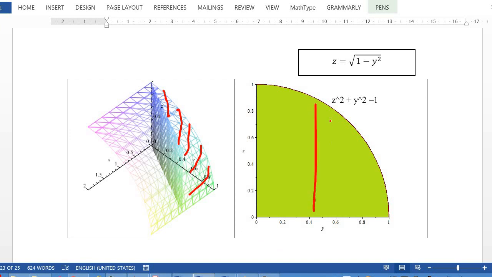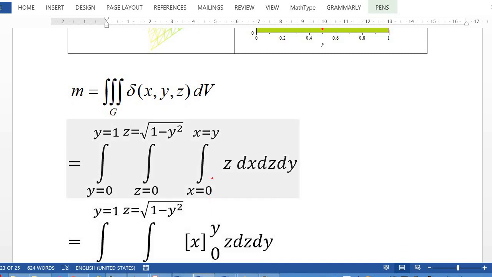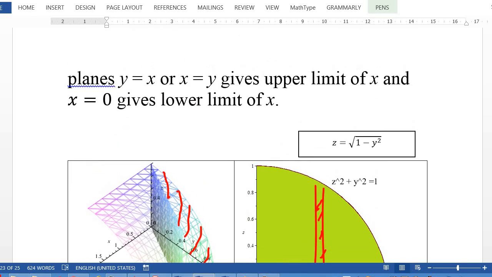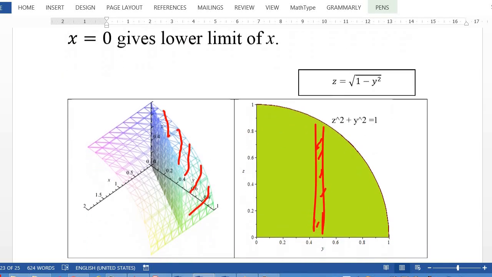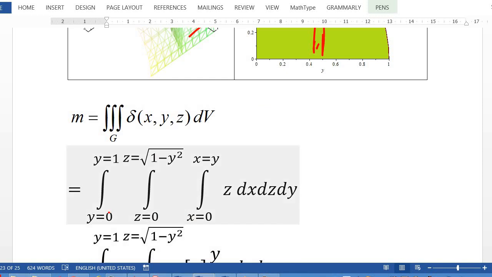Against this quadrant of the circle, we solve it using the zy plane, dz dy. So x from 0 until x equal to y. And then here, z from 0. From here, make z the subject. z is equal to the square root of 1 minus y squared, and y from 0 until 1.